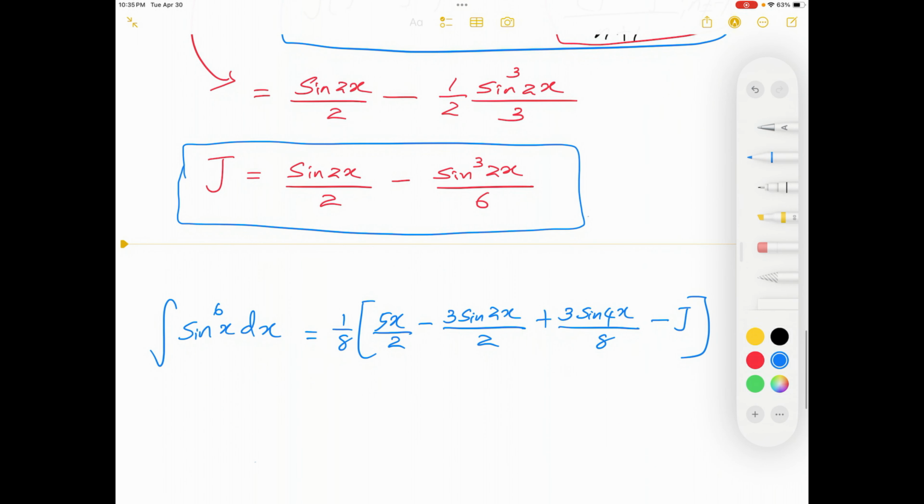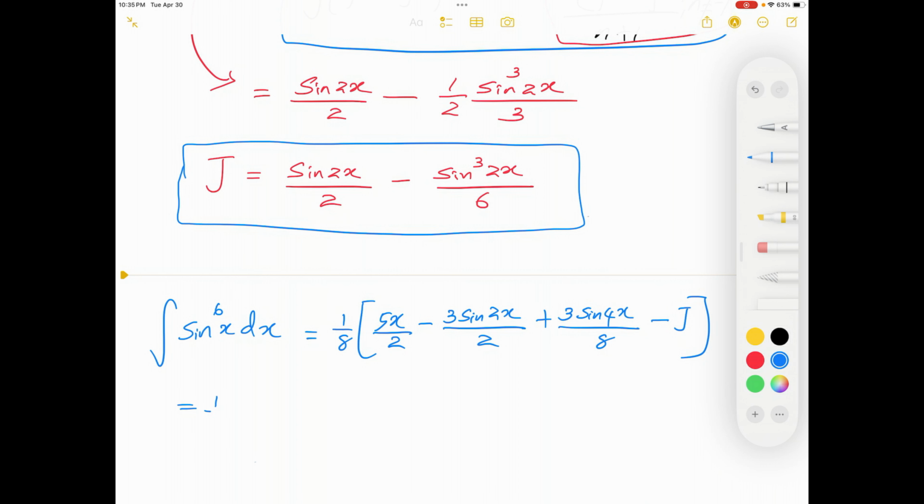Now we can go ahead and replace this j in the partially solved integral earlier. We had the integral of sine 6th power x dx equal to 1/8 bracket 5x over 2 minus 3 times sine 2x over 2 plus 3 times sine 4x over 8 minus j. What we just now evaluated is this j. So we can go ahead and replace that value and write down our final answer.